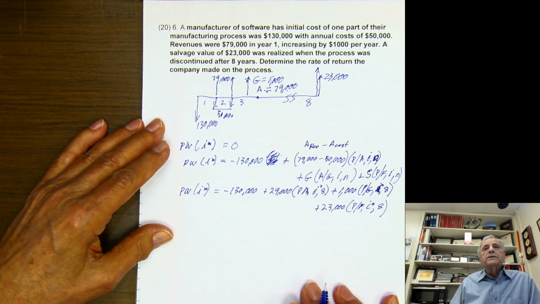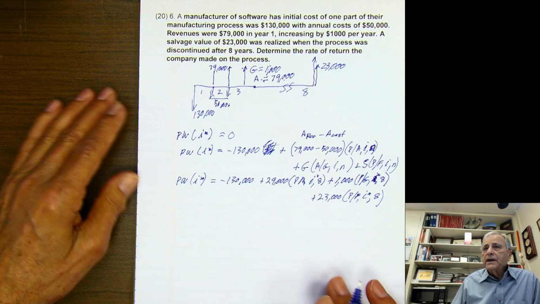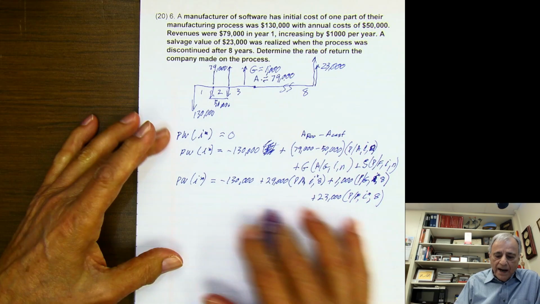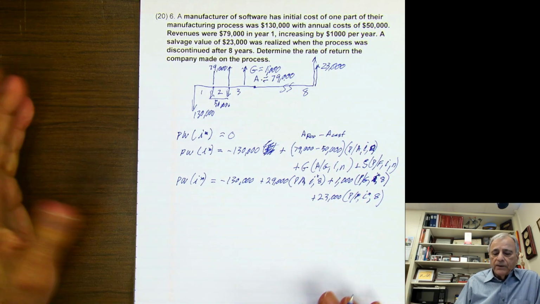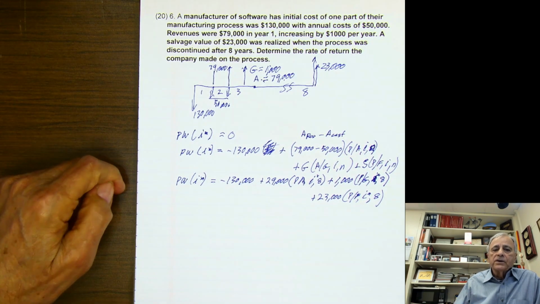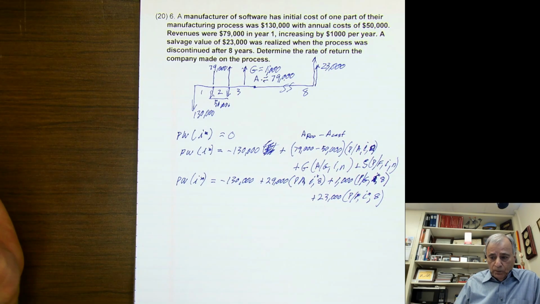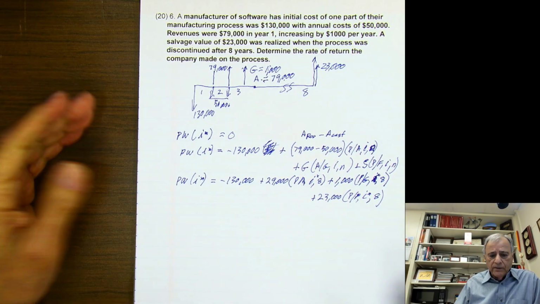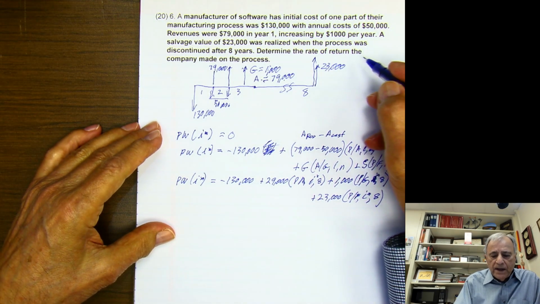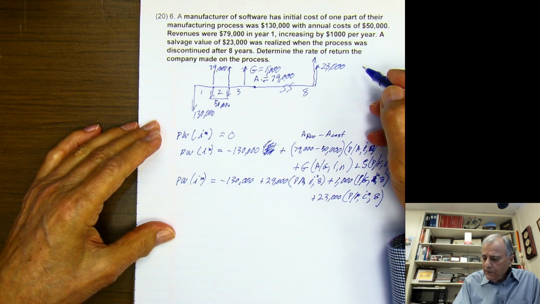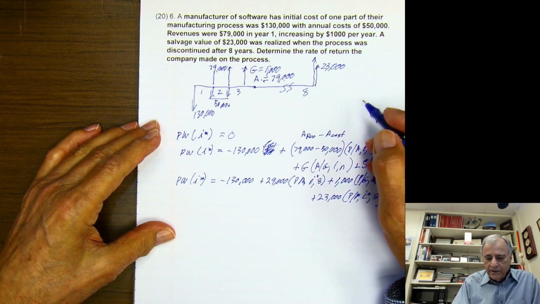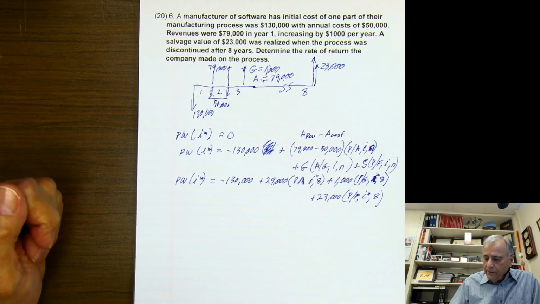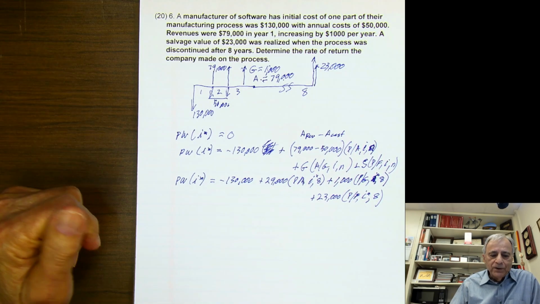Now, the way to get this, if you're not using Excel, you get this directly off of the app, the I value. You could get it from Excel because it has an algorithm that'll work that. But the way I worked it in the videos is to use trial and error. Now, in this problem, if it was on a test, I would have given you a hint as to where to look to do your trial and error.